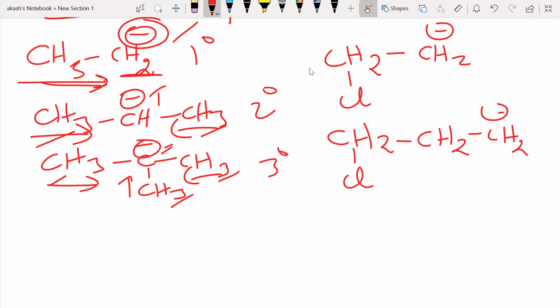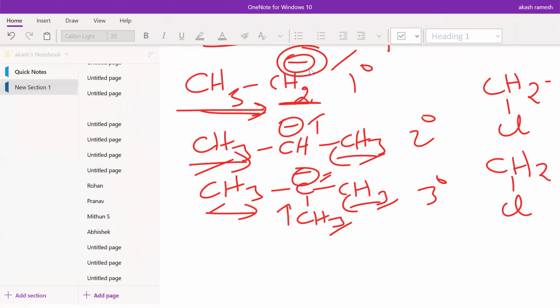This is structure number 1 and this is structure number 2. Now tell me, guys, which is more stable, 1 or 2? Let me take a vote. How many of you say, or just put it in the chat box, which do you think is more stable? Look at the structures.